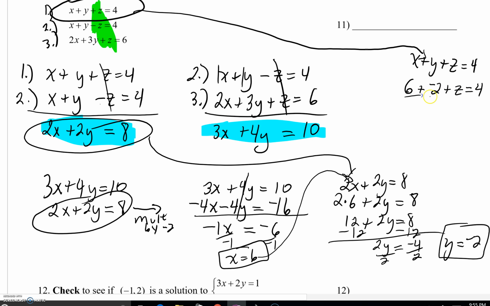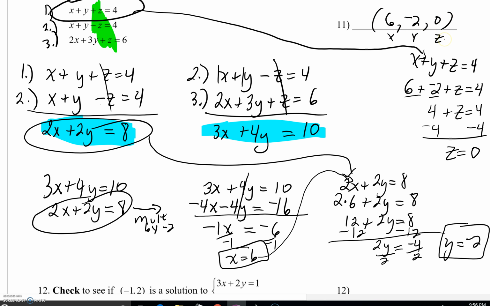Well, 6 plus -2, combine those like terms, you'll get a 4. Minus a 4 from both sides. And you'll get z is equal to 0. The answer you're going to arrive at with an x, y, z is 6, -2, and 0.